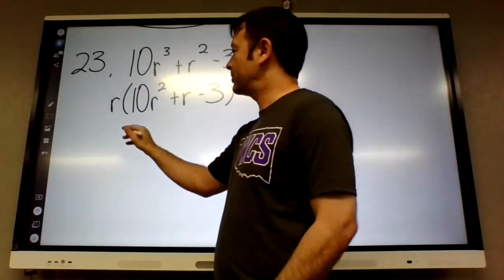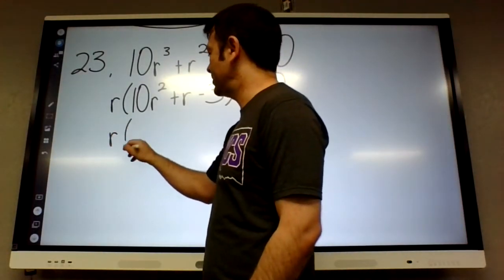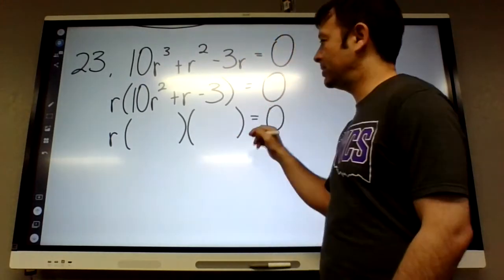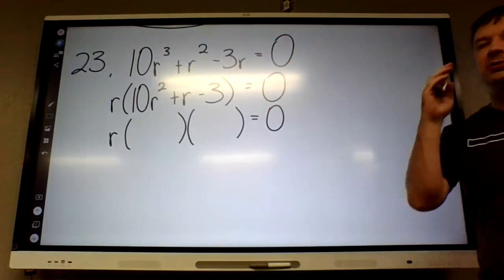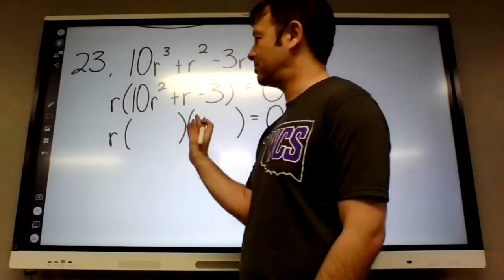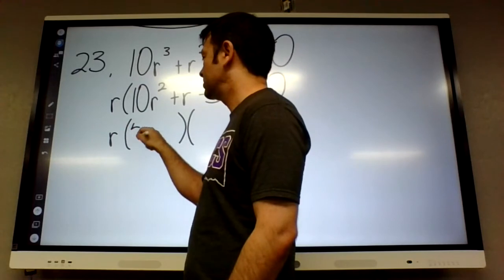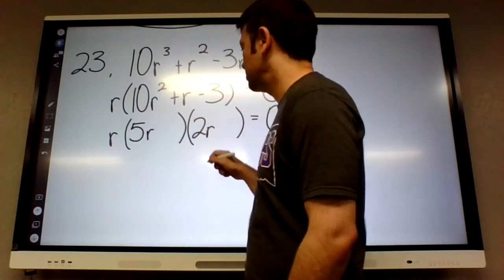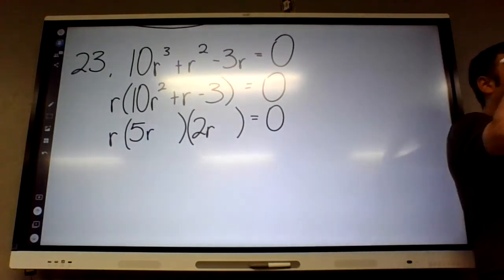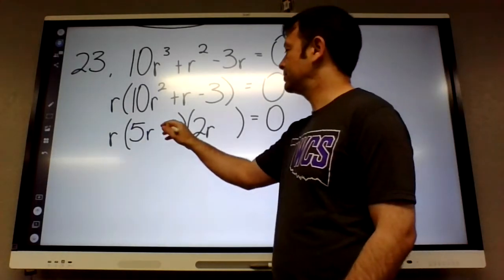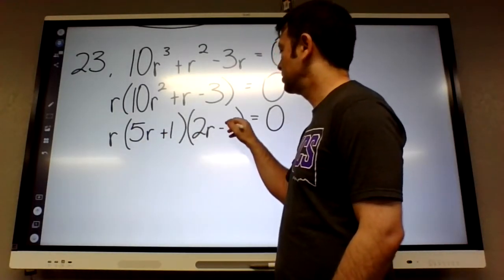And now we've got the normal 3-term factoring stuff. What do you think they split 10 into? 10 and 1 or 5 and 2? I would always guess the ones in the middle first. So let's try 5R and 2R. Then what goes into negative 3? 1 and 3, or 1 and negative 3? That's going to be the opposite.